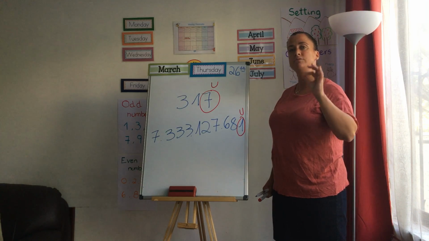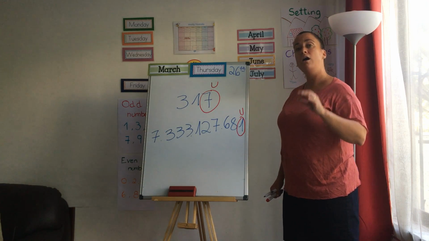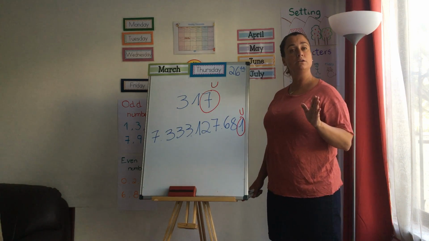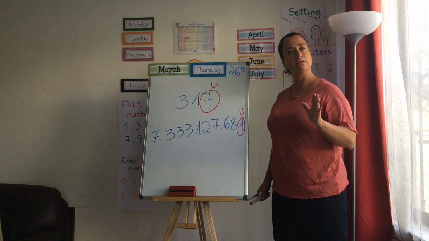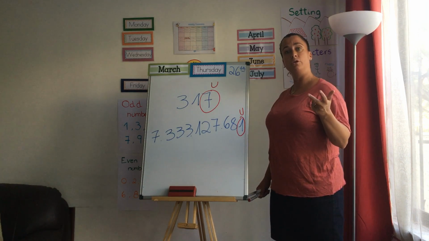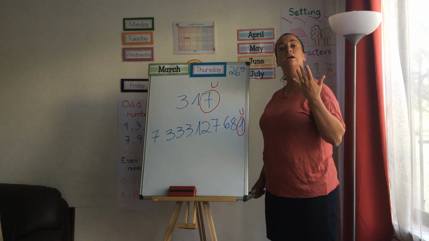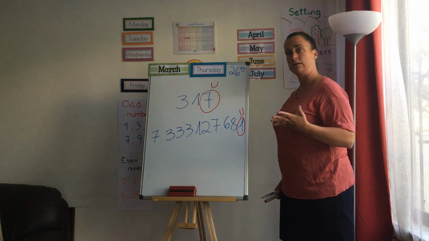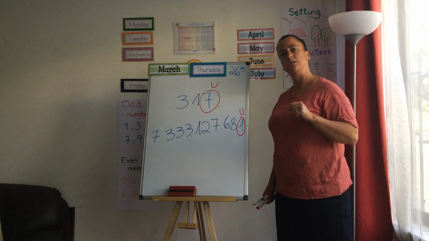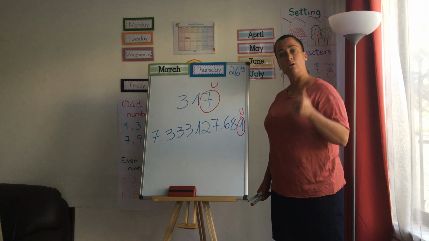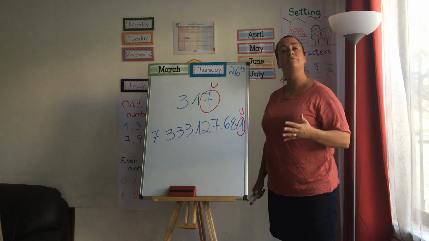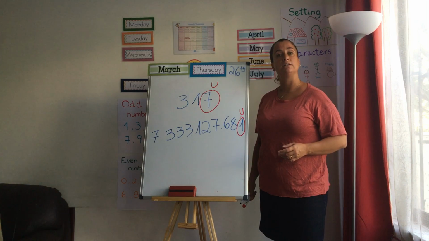The only thing I have to remember are the digits for the even numbers, which ones are they? 0, 2, 4, 6, and 8. Well done. And which are the digits for the odd numbers? That's it. 1, 3, 5, 7, and 9.